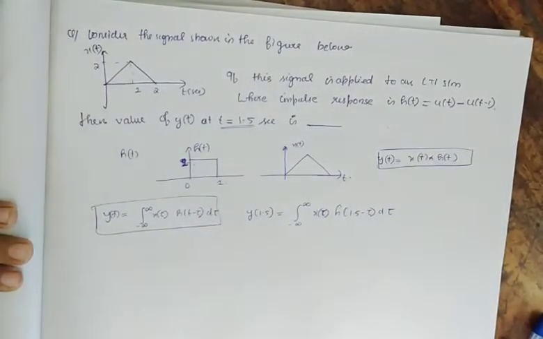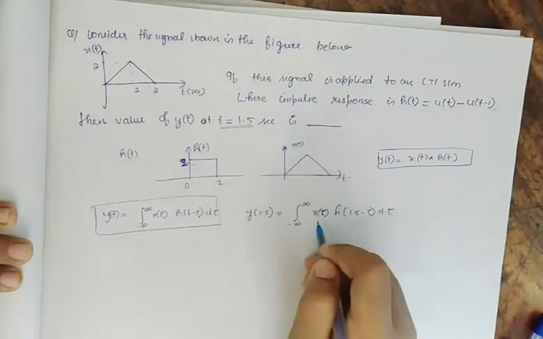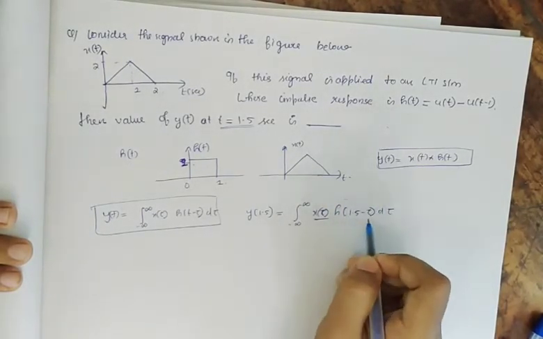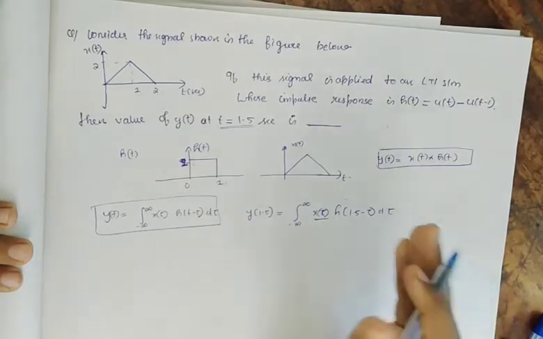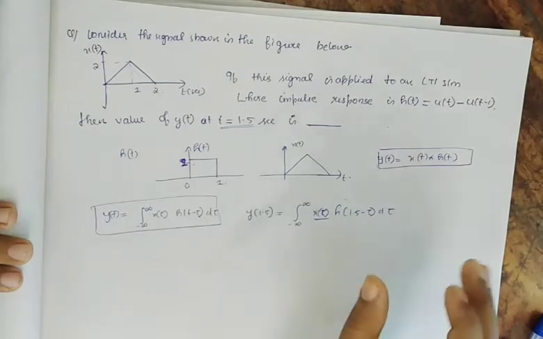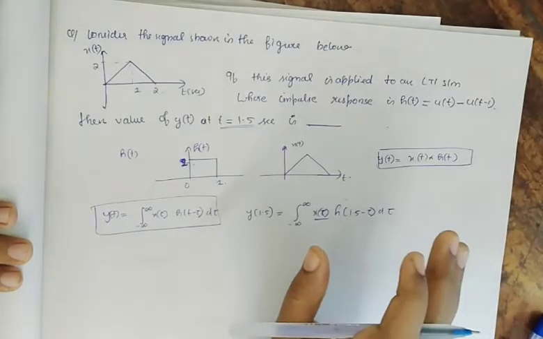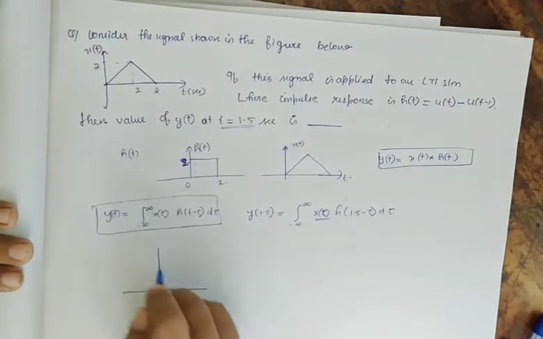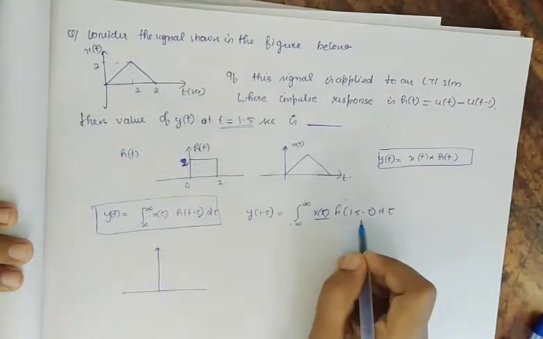So as you can see, x of tau is being multiplied with h of 1.5 minus tau, that is the shifted version of h of tau. Okay, so I'll take the shifted version of h.